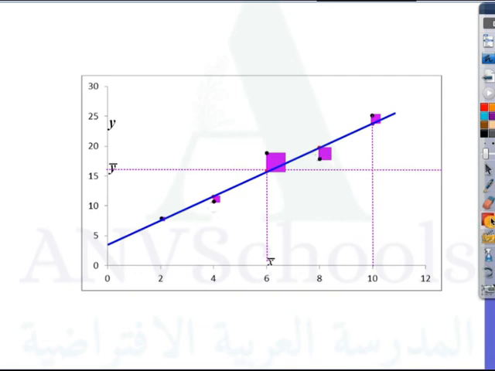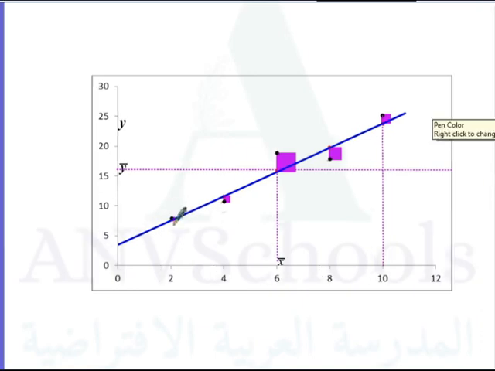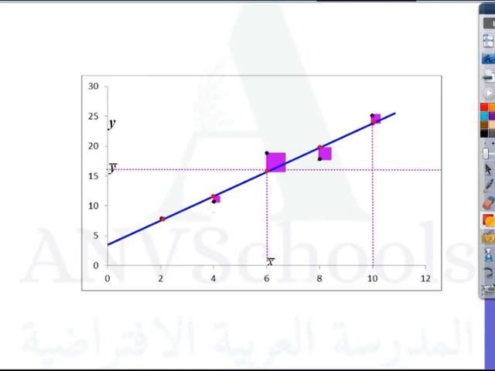The points on the line are called y hat, and these are the original points. Taking the squares of the residuals, you could see that it yields smaller squares.